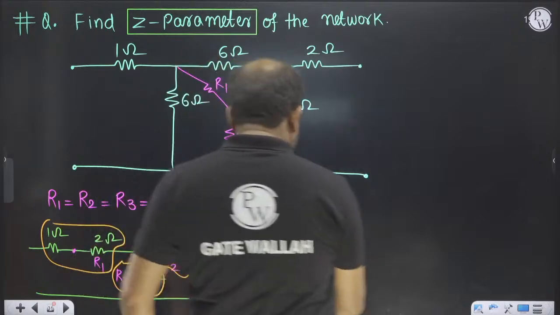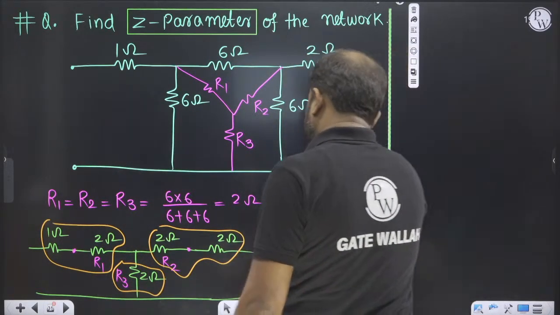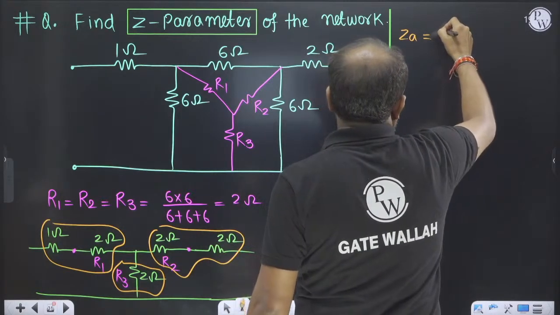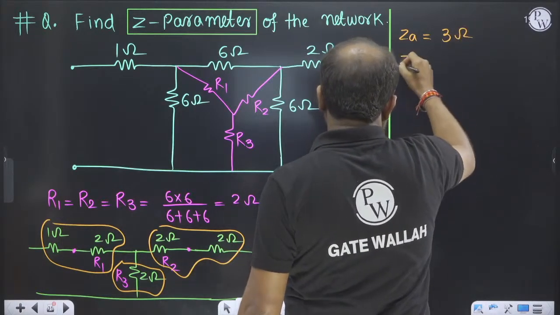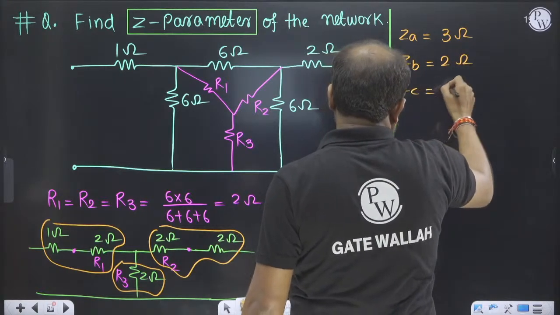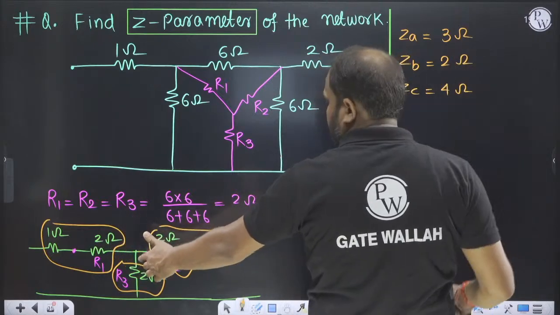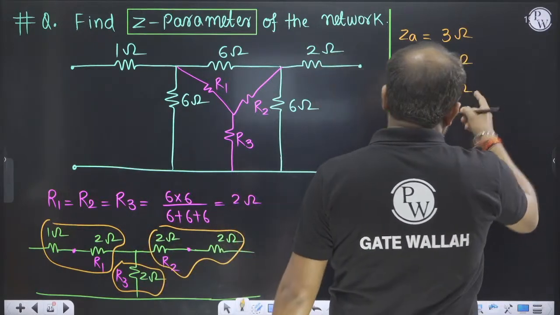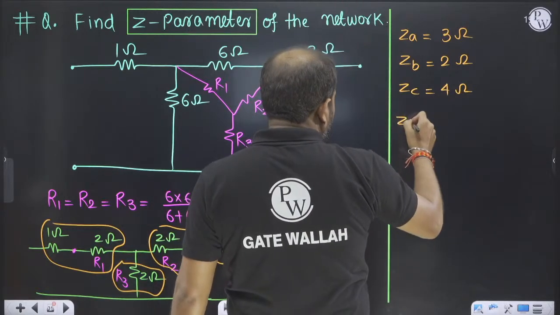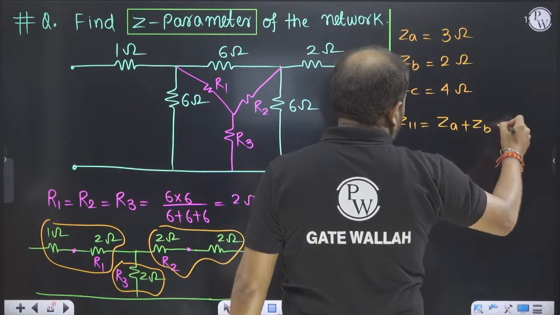So we have to find out ZA, ZB, ZC. Now it is easy to find Z parameter. So ZA is equal to 2 plus 1, 3 ohm, ZB is equal to 2 ohm, and ZC is equal to 2 plus 2, 4 ohm. Now we can calculate Z11. So Z11 will be equal to ZA plus ZB. So it will be 5 ohm.